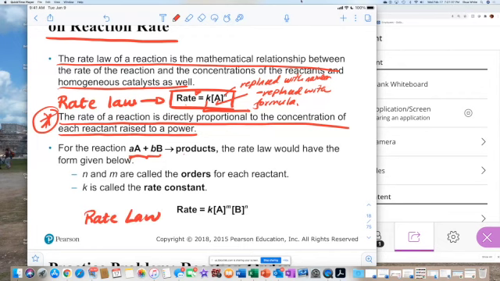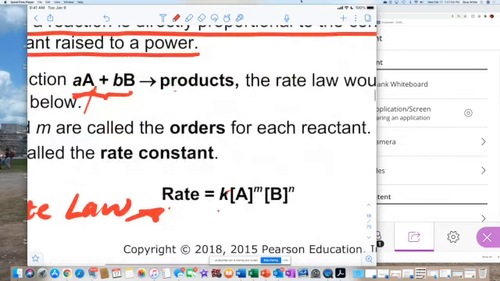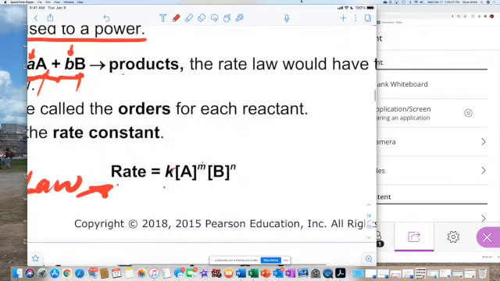The rate law will be written like this. Rate, the word rate, equals k. The brackets represent concentration of A, a chemical, the reactant, raised to the power m. B, the other reactant, raised to the power n. They were sure to write the coefficients here as a and b, and the powers as m and n, just to let you know that m is not equal to a and n is not equal to b.